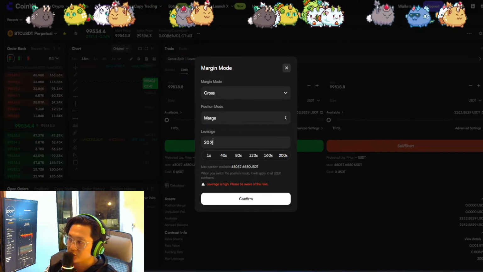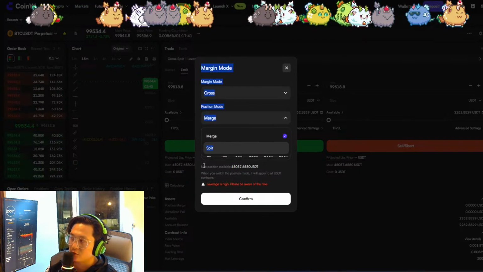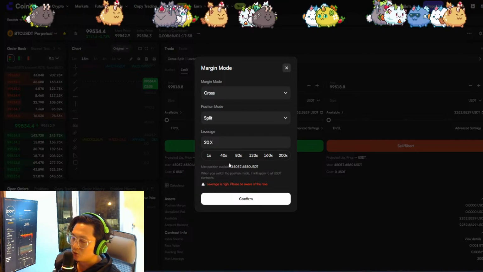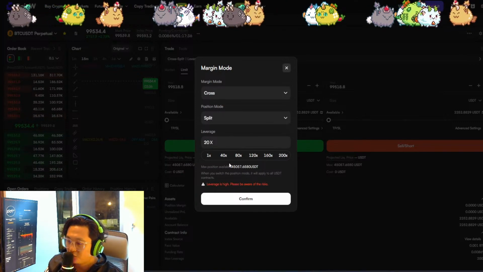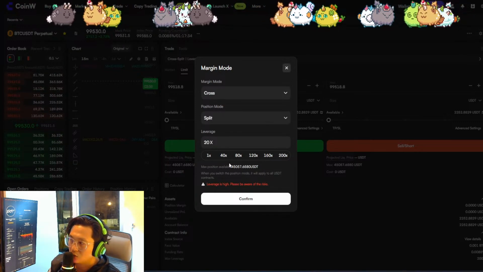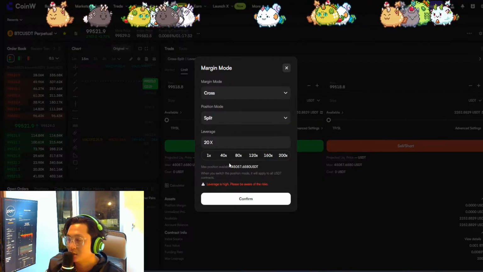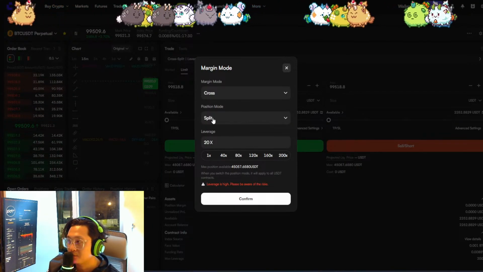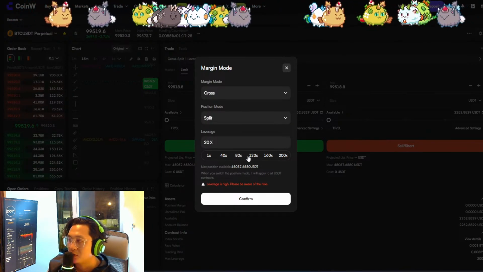And you can also do merge or split. This is the beauty of CoinW. Some exchanges need VIP plus something to get the split. The beauty of CoinW, you can do split positions without VIP or doing something.